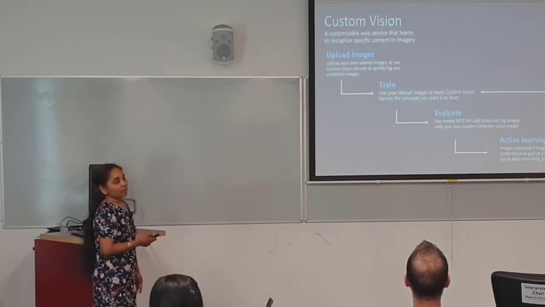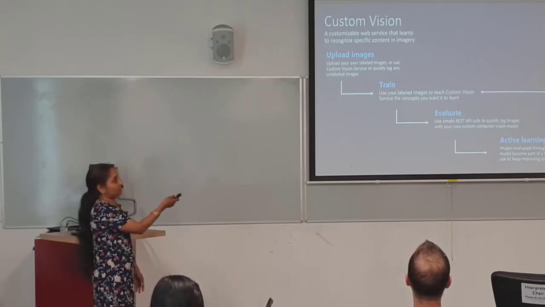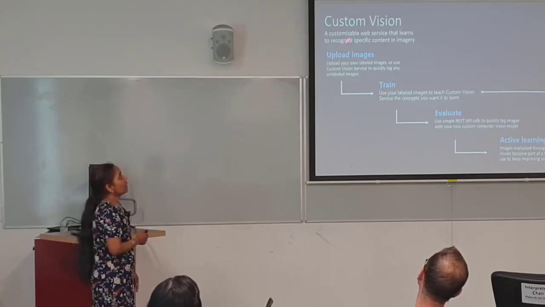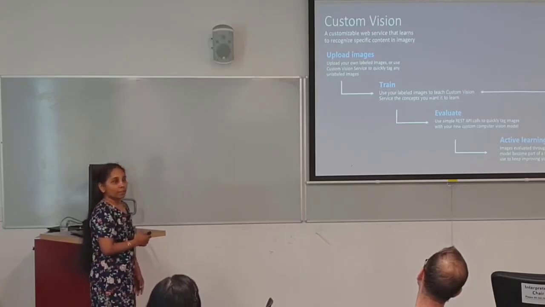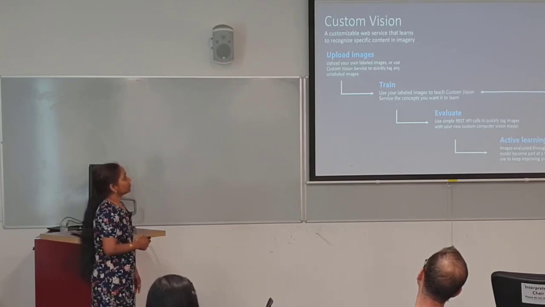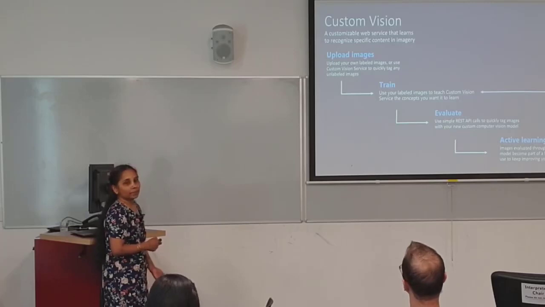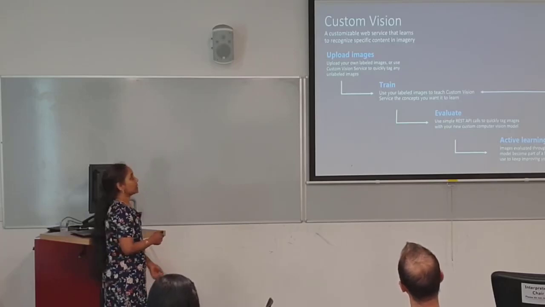Custom vision, basically these are the simple steps that you need to follow. First, you upload your own images and train the service to label the images and identify the images.